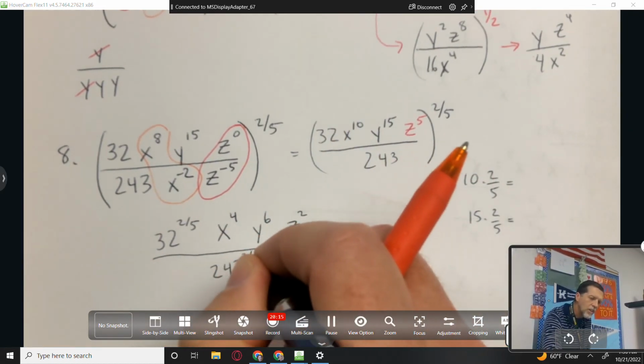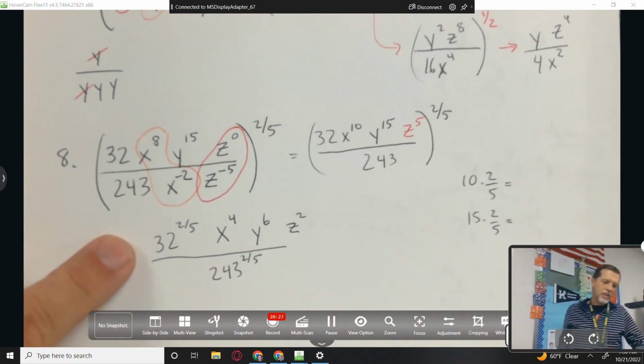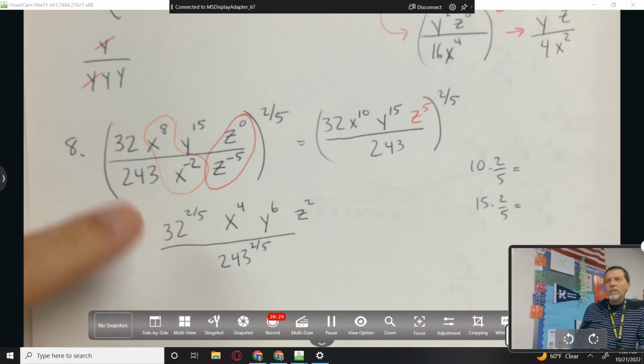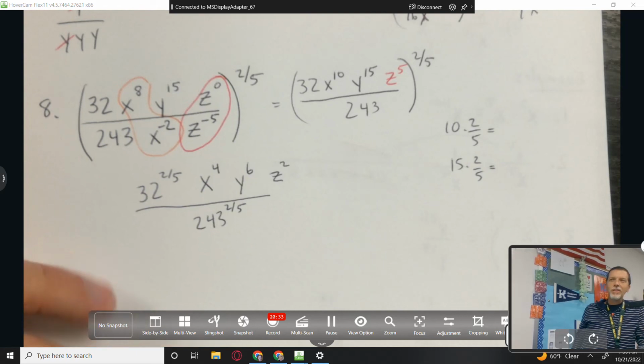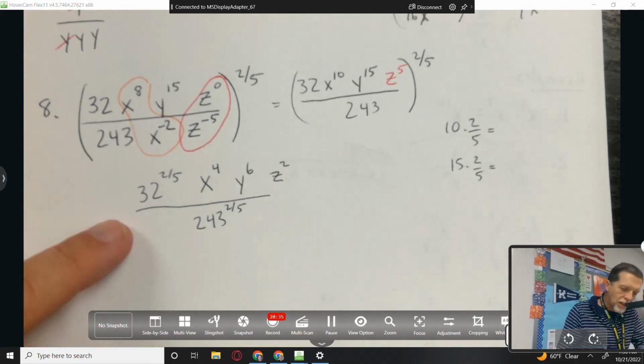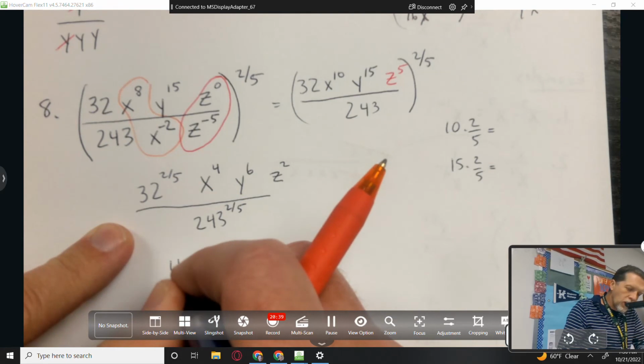243 to the 2/5. Yuck. Let's see. The bottom number is the root. The top number is the power. So I need the 5th root of 32. You remember what the 5th root of 32 is? Probably 2, because how many other options could there be if this is going to work out? And then 2 squared is 4.